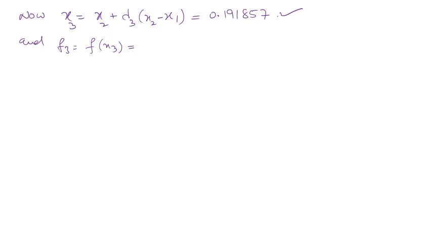F of x3 equal to f of 0.191857. Substitute in the function. What is the equation? Our equation x3 cube minus 5x3 plus 1. Put the x3 value, then you will get 0.0447. Okay, now second iteration.